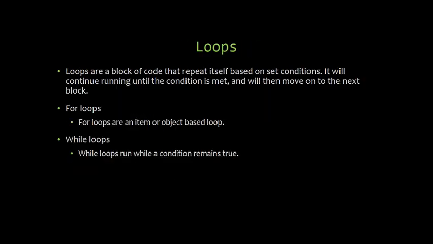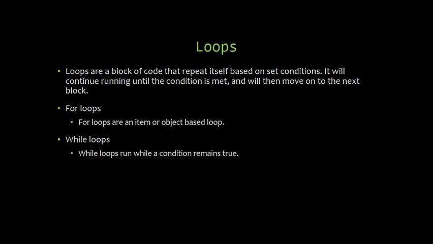Alright, now like I said, loops I'm going to go over very briefly because there's a lot more to loops than what this slide entails. But basically, loops are a block of code that repeat itself based on the set conditions. It will continue running until the condition is met and will then move on to the next block.